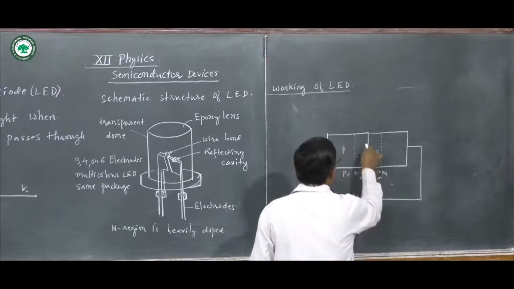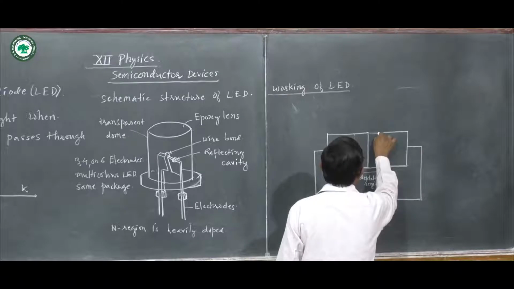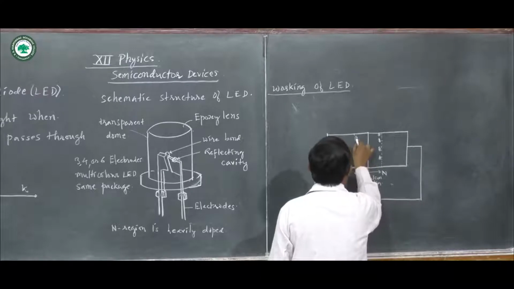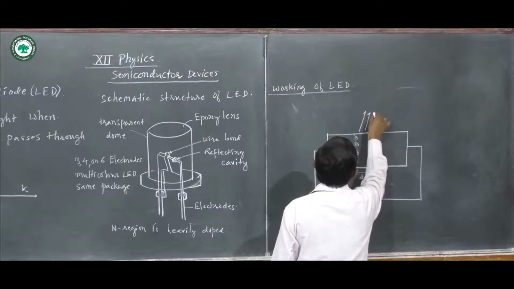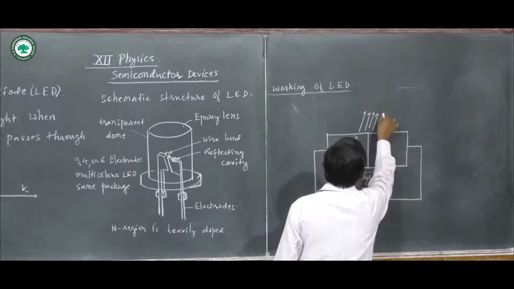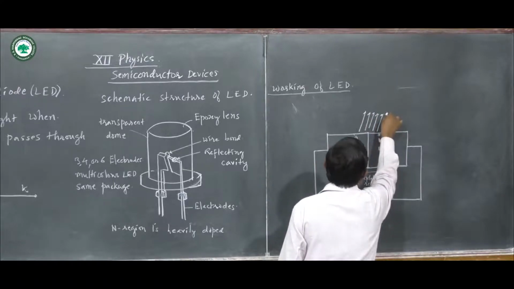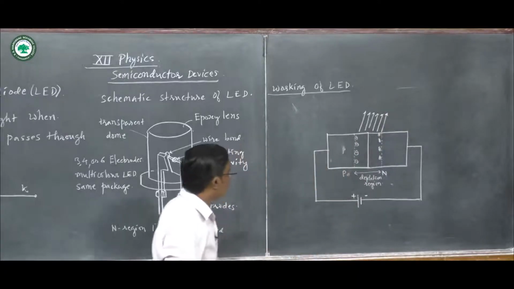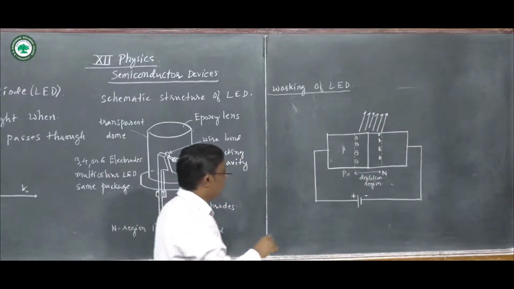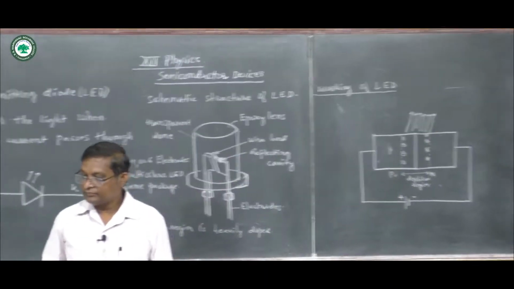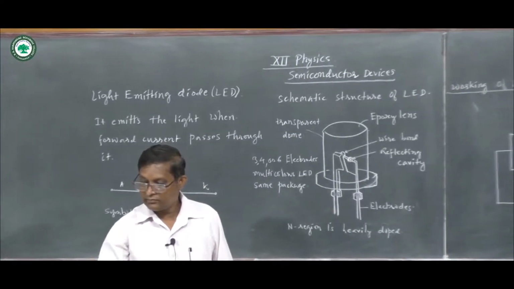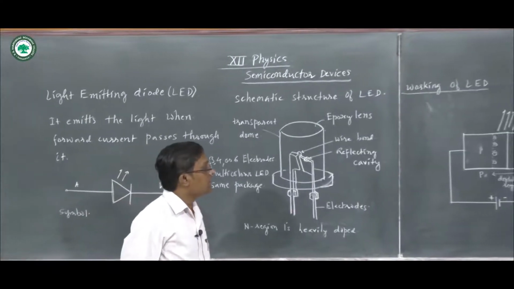Here there is the formation of positive holes, and with it the forward current flows through this LED, and then it emits light. What happens in this LED?